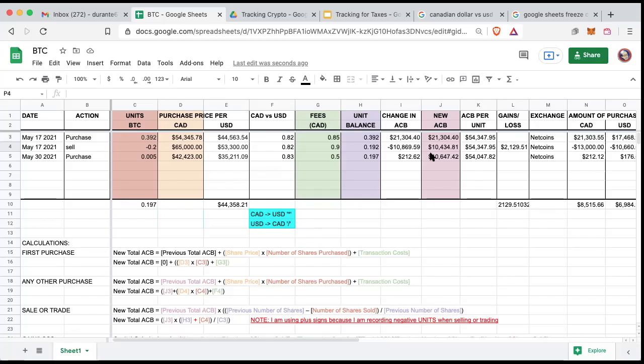And if we go up here to the new ACB, we can look up here that the equation is J4 plus D5 times C5 plus the G5. And I just want to show you, why is this J4 and that's J3? It all depends what column we're looking at. So it just means the previous total ACB.